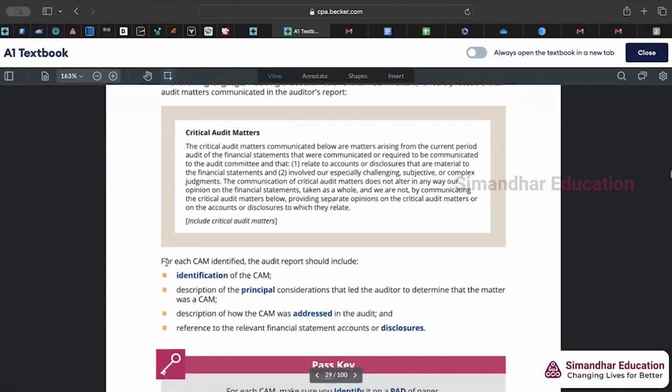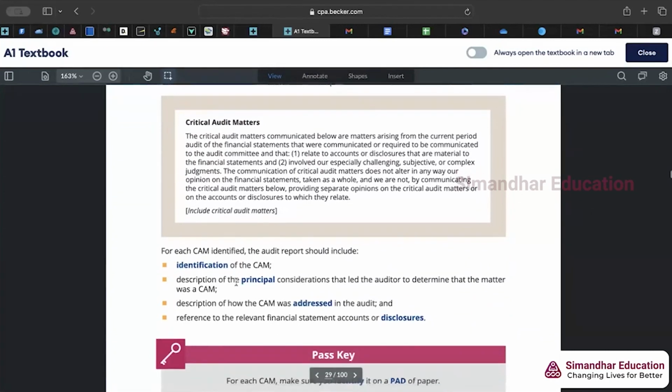There is no difference between CAM and key audit matters. The same thing, different terminology is used. For non-issuers, you need to be appointed to report on that. For issuers, it is mandatory to be reported.